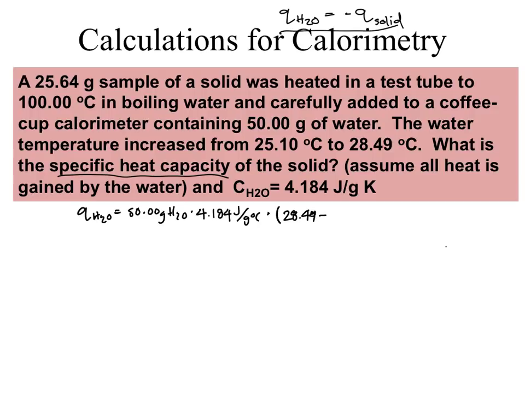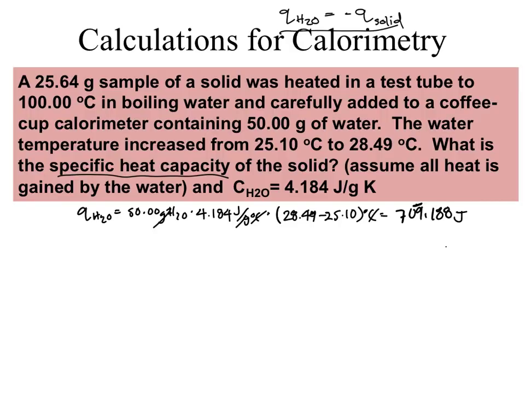So that's our final temperature minus our initial. This is going to allow us to figure out the Q of H2O, which is equal to 709.188, and unit evaluation is going to leave us with joules. So this is the Q value associated with H2O. This is what we've measured directly.